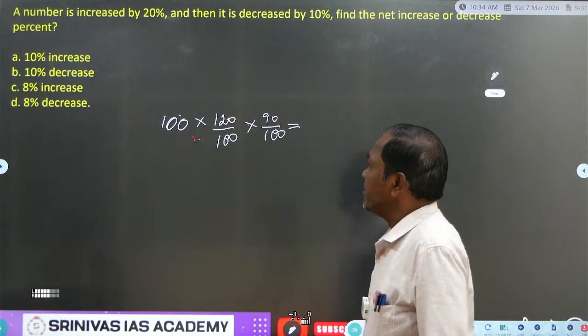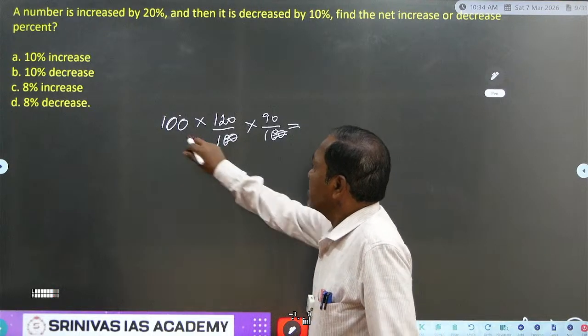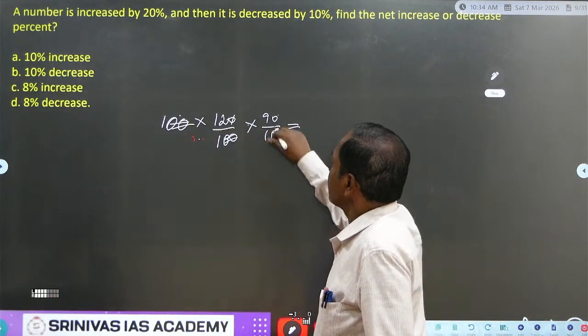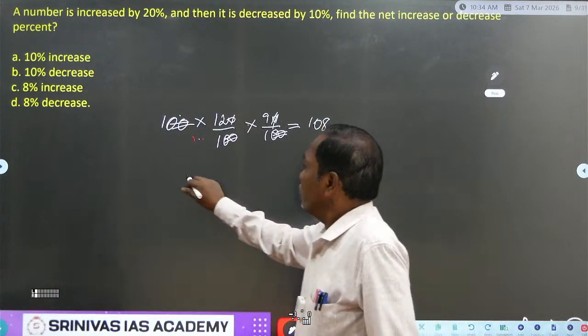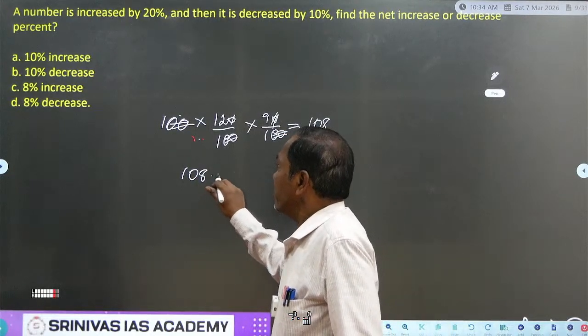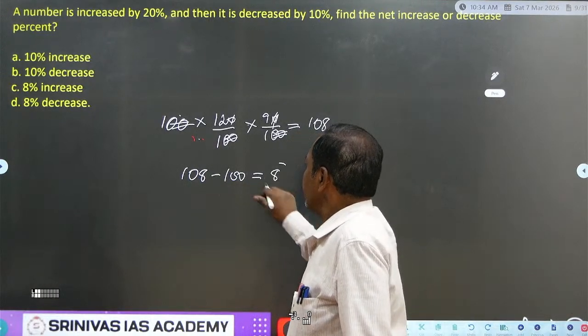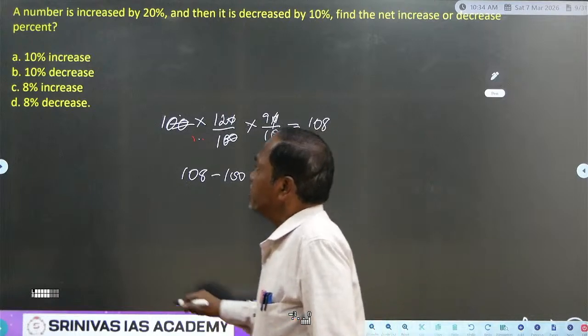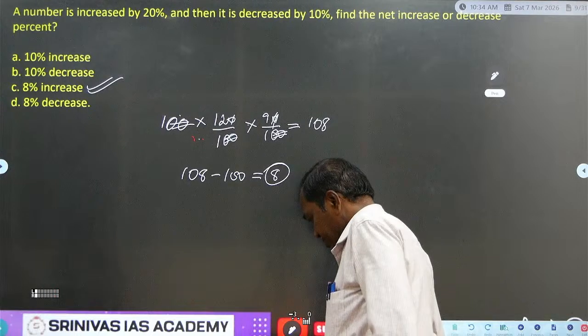Zeros cancel, 12 into 9 is 108. We have taken the base number as 100, so this is an 8% increase.